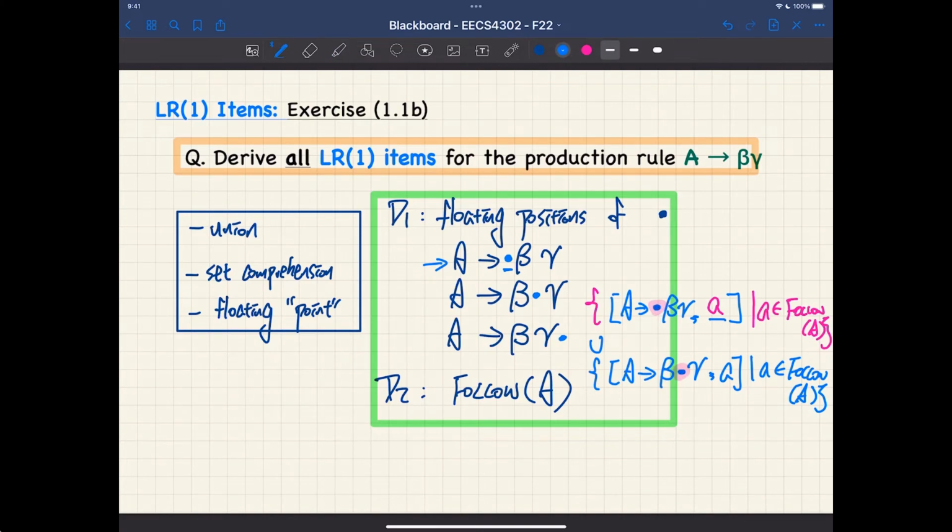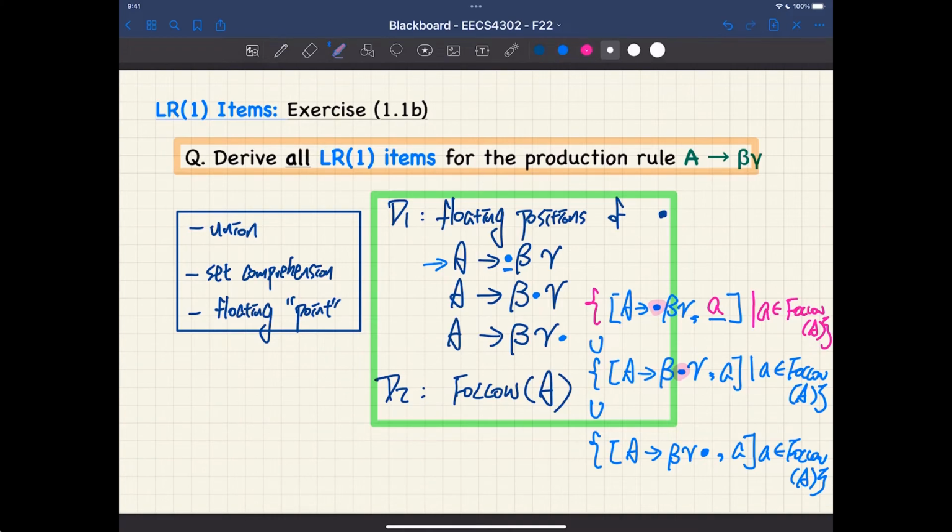And there should be another one, the final one. A produces beta, gamma. We have matched these two, and we are now here. And A, such that A is a member of the follow of A.